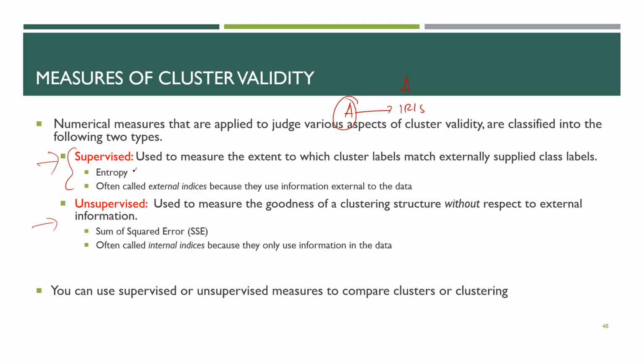We can use values such as entropy or others. For example, we can use accuracy or error value. Why can we calculate the accuracy? Because we can compare our clustering result with the actual class.